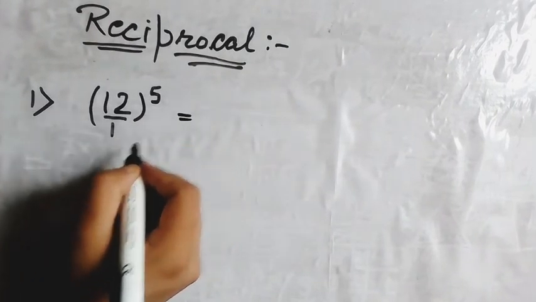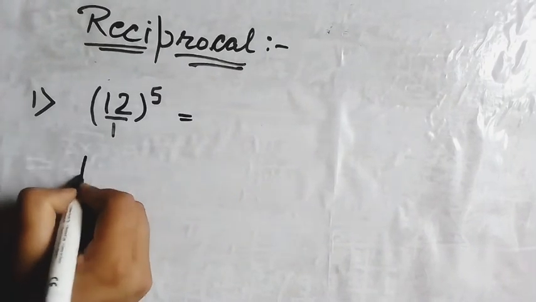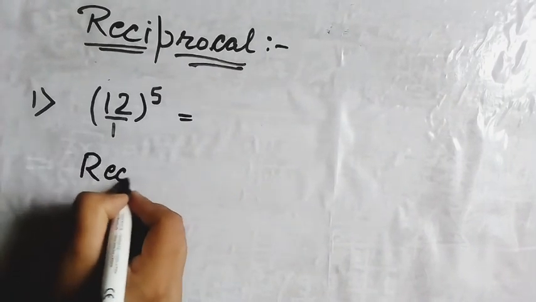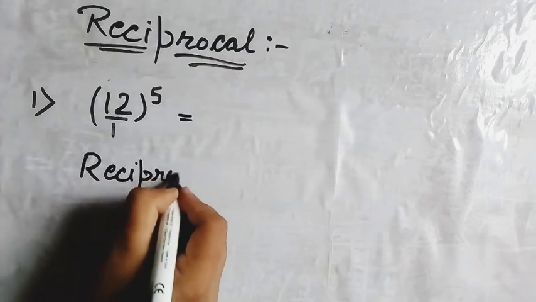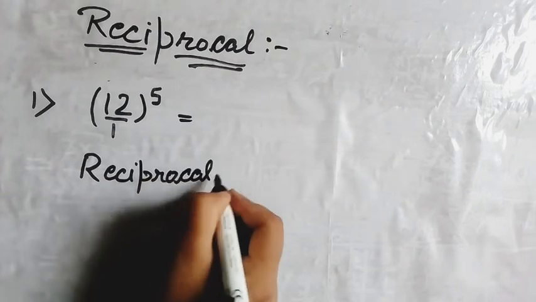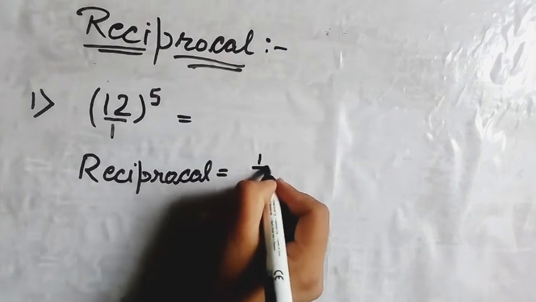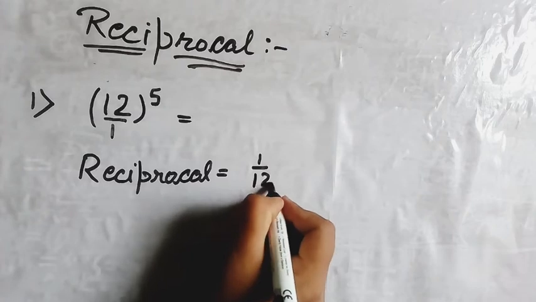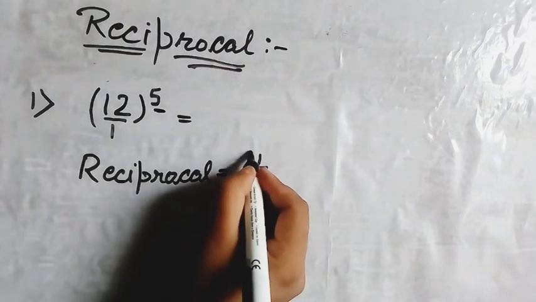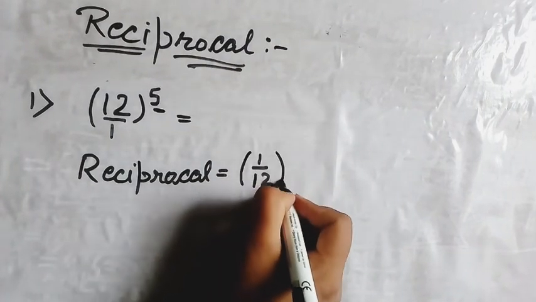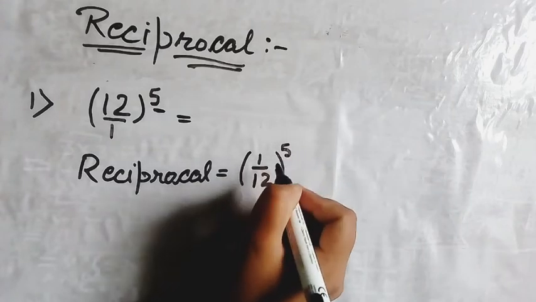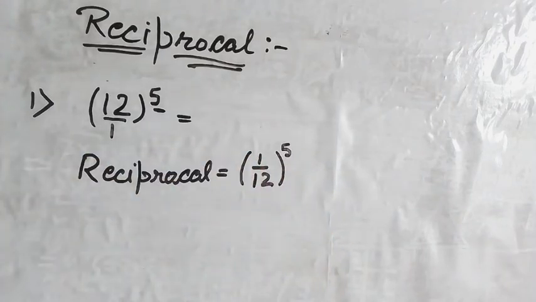So you know 12 can be written as 12 upon 1 because nothing is there in the denominator, and its reciprocal will be, remember we have to take the reciprocal of base only, that is 1 upon 12, and the power is 5, so it will remain as it is. Means when we are taking reciprocal, we have to take the reciprocal of base only and the power will be as it is.